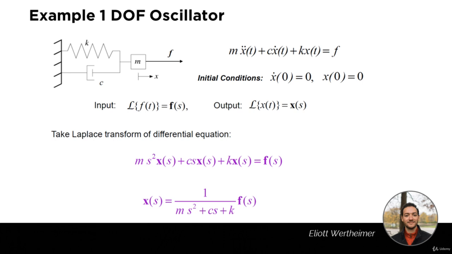You can notice that because our initial conditions are 0, we don't have any extra terms that come with the Laplace transform of derivatives. It's the easiest case.